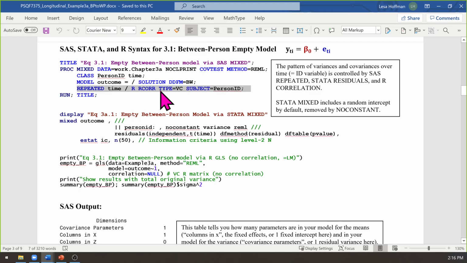And the type that we've requested, this is known as VC or variance components, meaning no extra anything besides just E. So this structure is known as an identity matrix in stats terms. It says that the residual variance is equal across all observations with no covariance whatsoever.